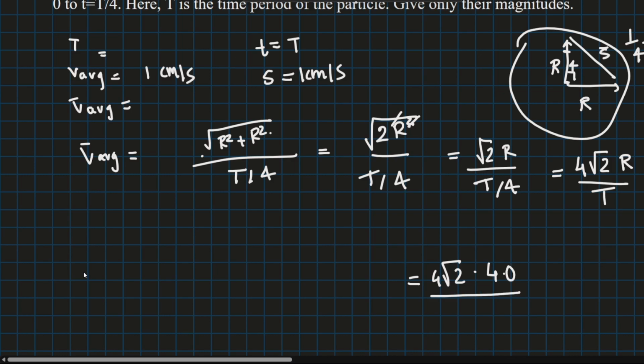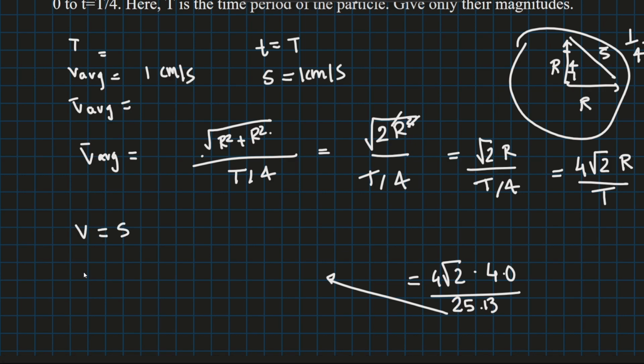We got the value of time by using this simple equation. We know velocity is equal to distance upon time. Velocity is 1, distance 2 pi r, and the time is given as t.